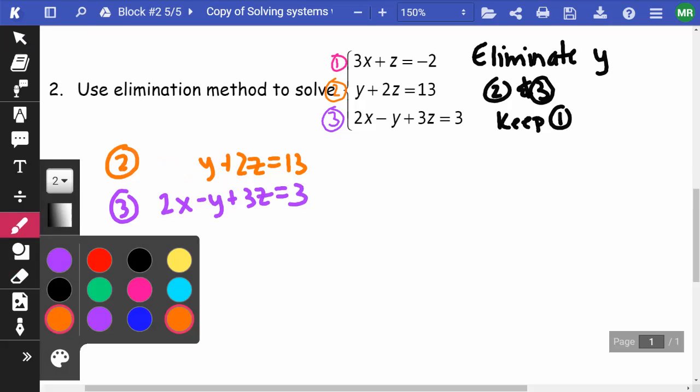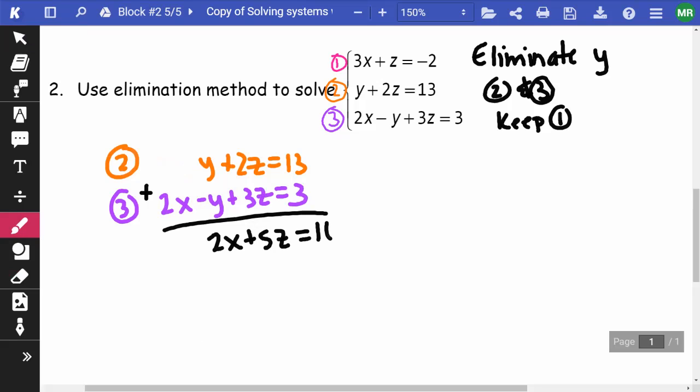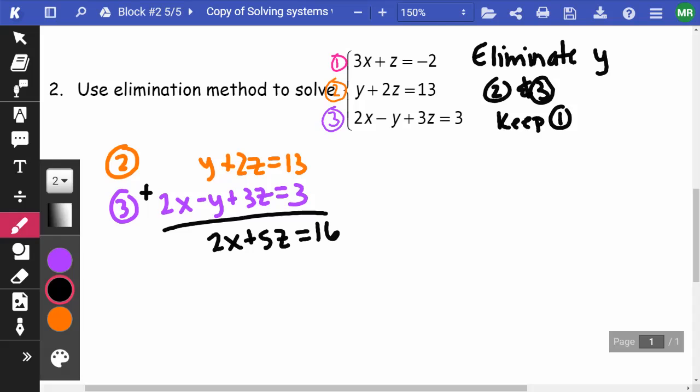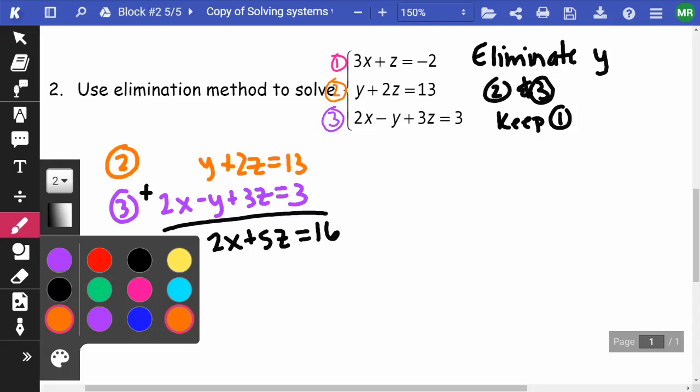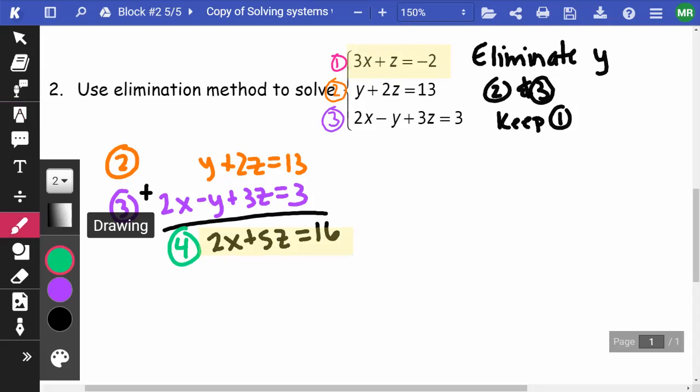Okay. And I am going to add these up. My goal in this case was to get rid of my y, so my y's are going to cancel. And I'm going to get 2x plus 5z is equal to 16. And I will call this one equation 4. So right now I have this 3x plus z equals -2, which is equation 1, and this 2x plus 5z equals 16, which is equation 4. That's going to be the system that I'm going to solve.